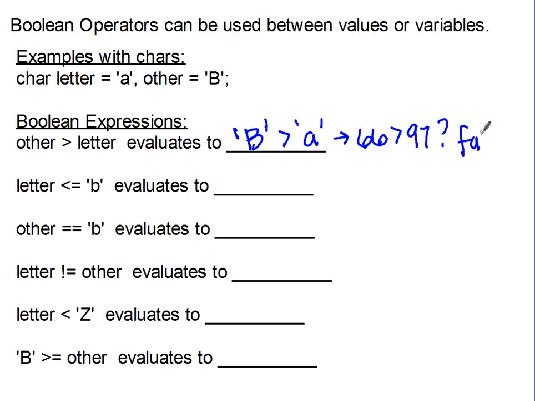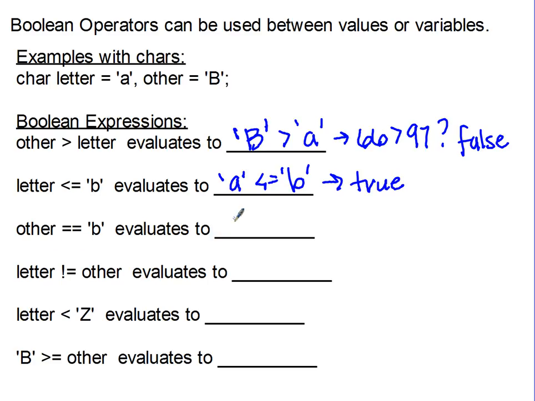And we all know the answer to that is false. The next one, I'm asking if A is less than or equal to B. When they're the same case, you're thinking just alphabetically. Is A alphabetically smaller than B? Would it come first in a dictionary? And the answer there is true. Yes, it would come first in a dictionary.